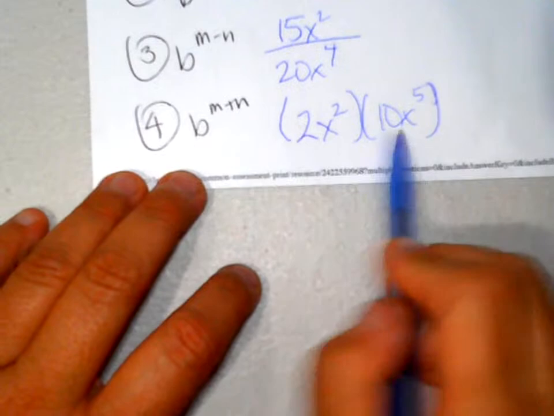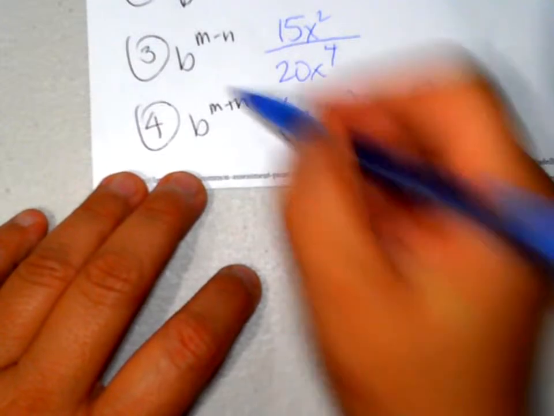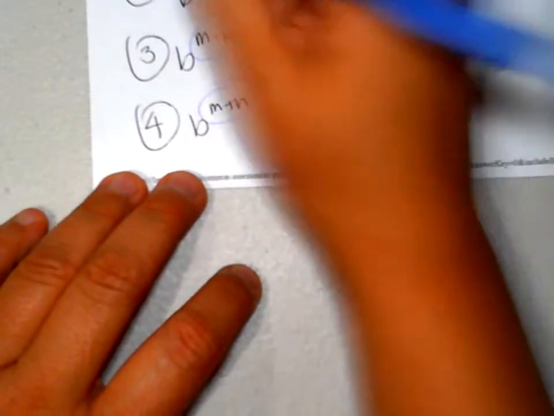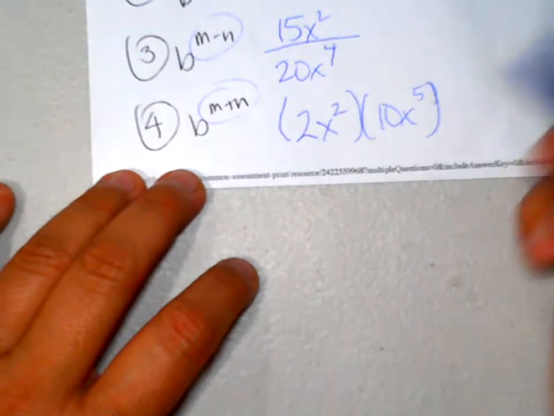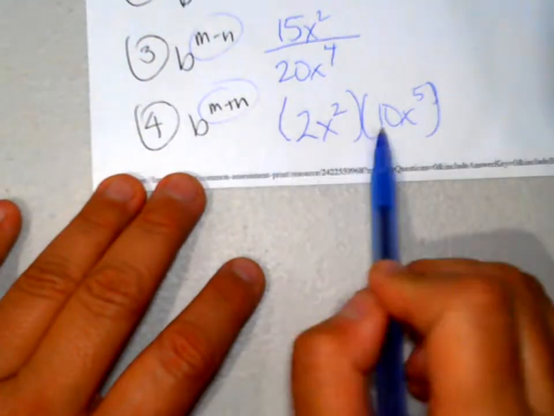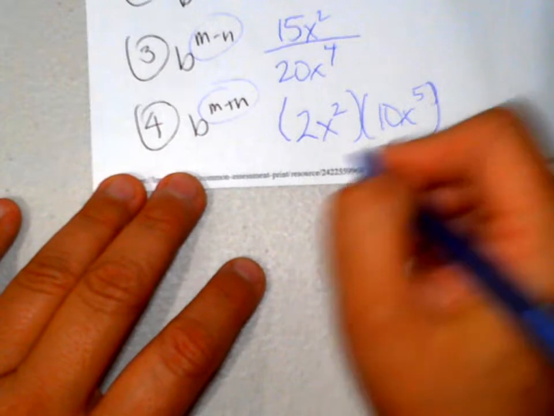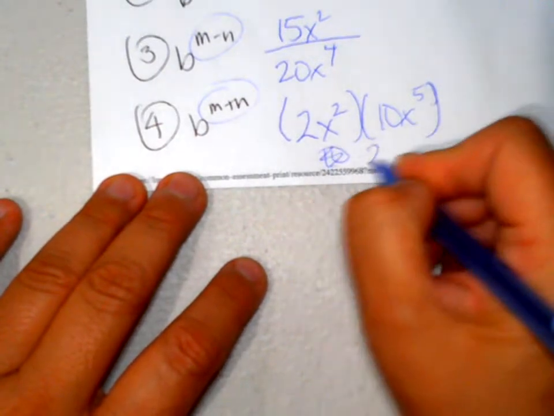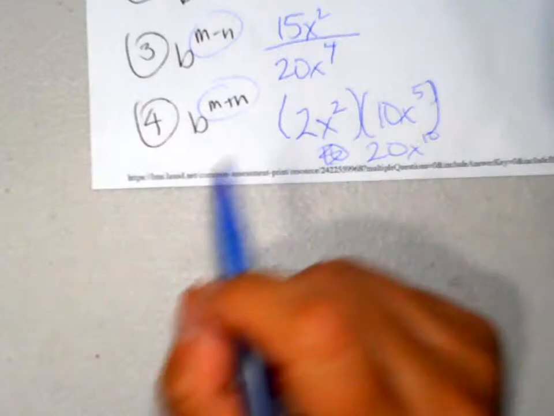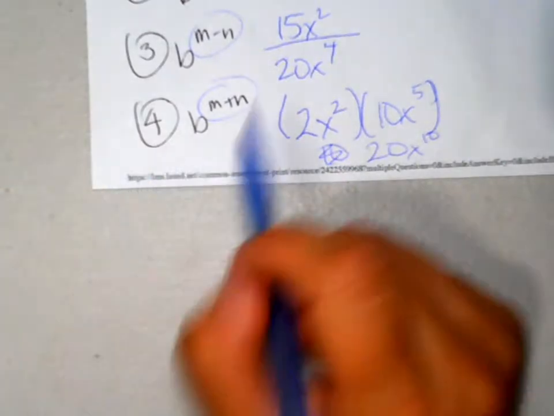Multiply your coefficients, add your exponents. So this m and the n right here is really what are you doing with your exponents? Well, when I have my bases, I'm going to add my exponents. So when it's like this, I'm going to get 20x to the 10th. Okay, so those are those.